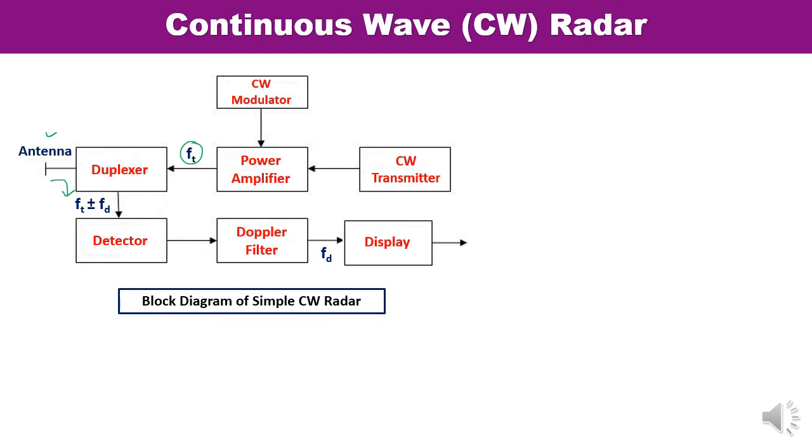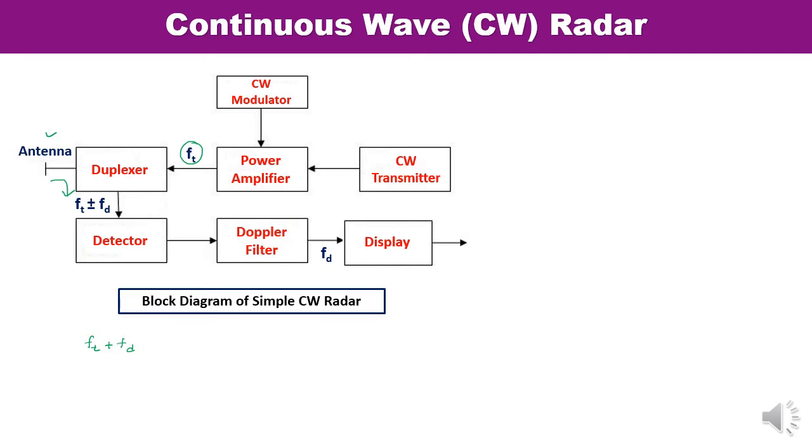According to the movement of the target, the reflected energy frequency will vary. How is it going to vary? If the target is coming closer, then the received energy will have a frequency ft plus fd.